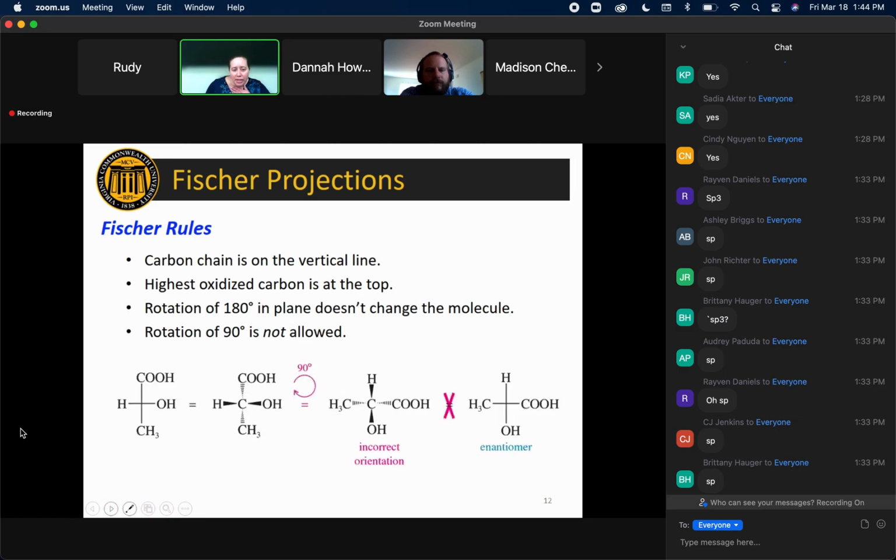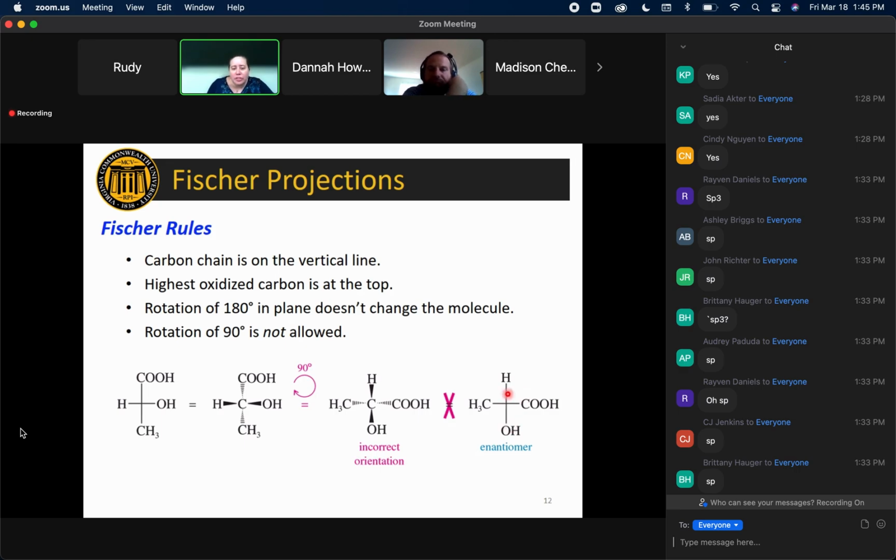However, if you try to rotate a Fisher projection 90 degrees, then what happens is that your bow ties are suddenly vertical and your dashes are suddenly horizontal. And the stereochemical information associated with this molecule is not represented by this Fisher projection. This actually turns out to be the enantiomer.